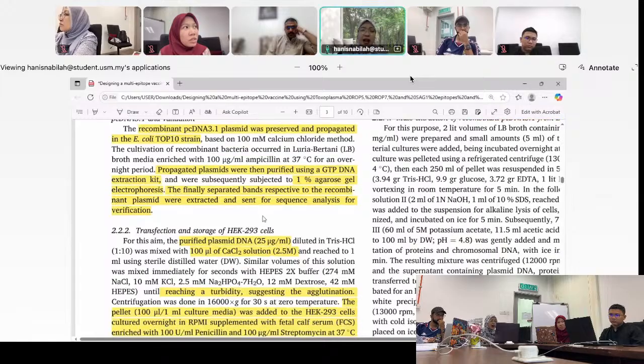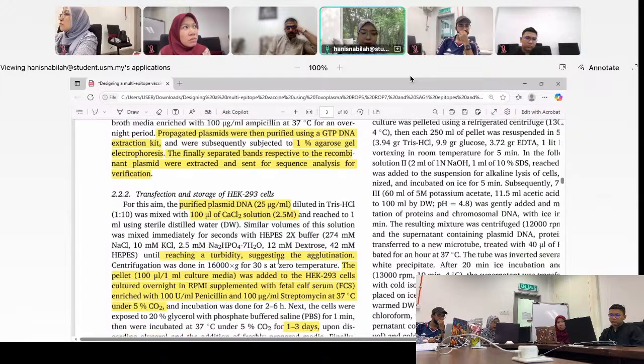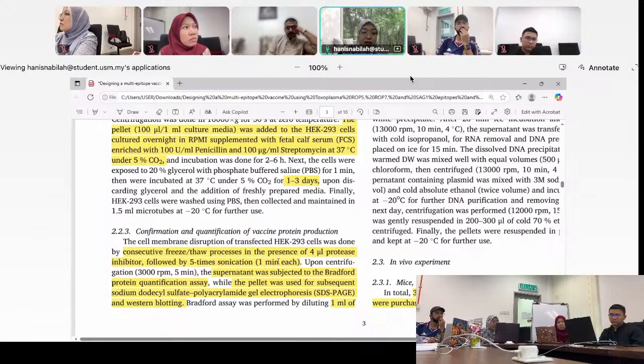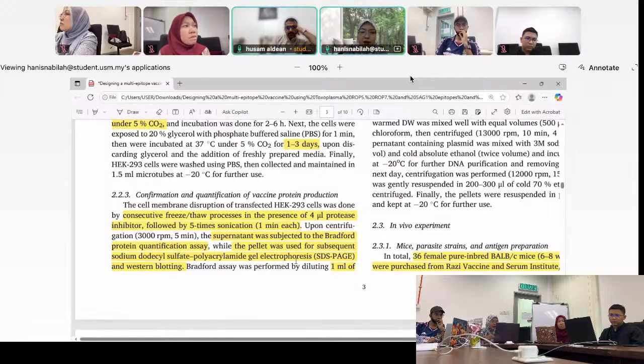Then they harvest the protein and confirm and quantify the vaccine protein production using the Bradford assay to analyze the soluble protein.